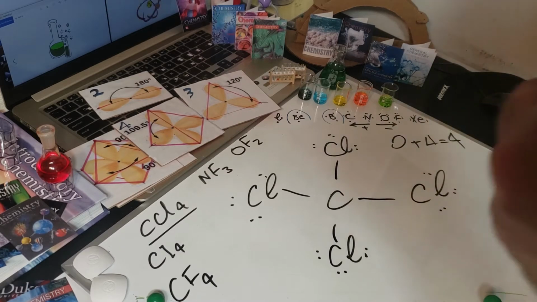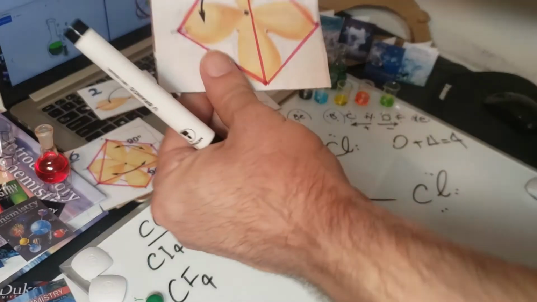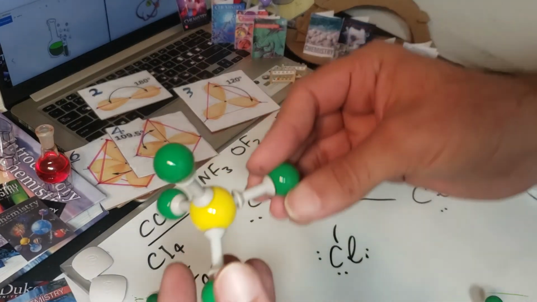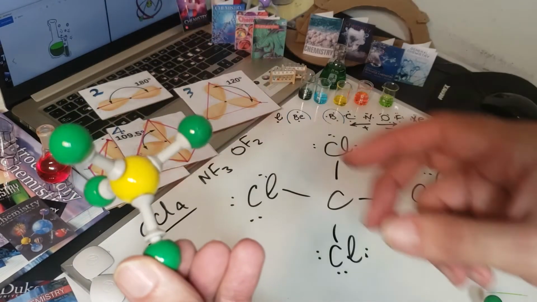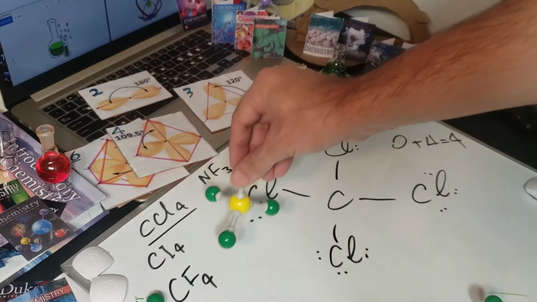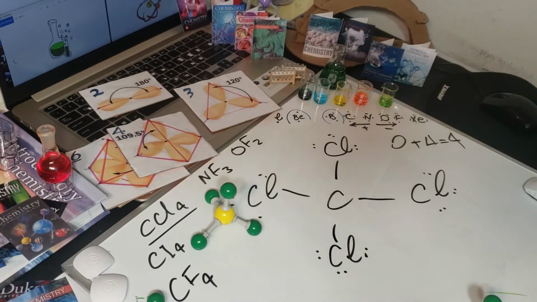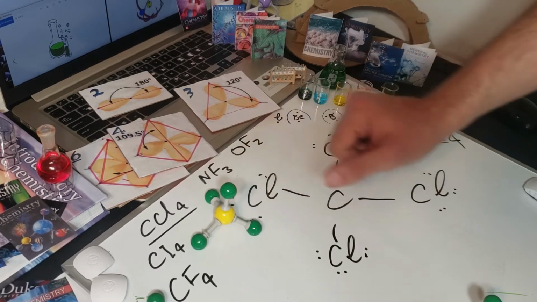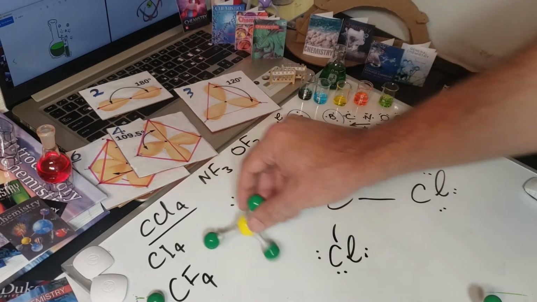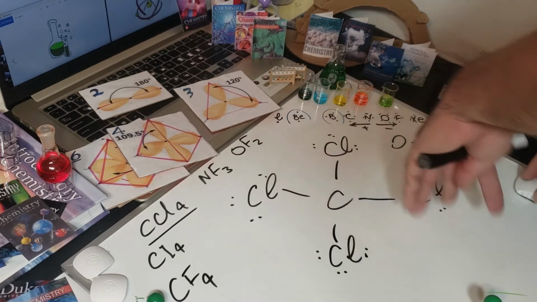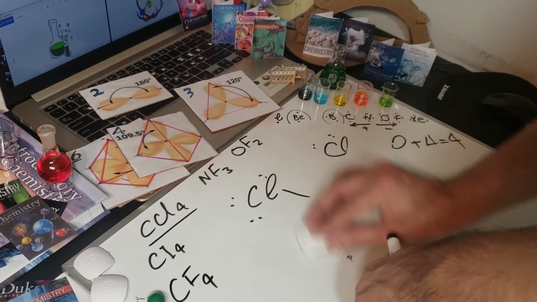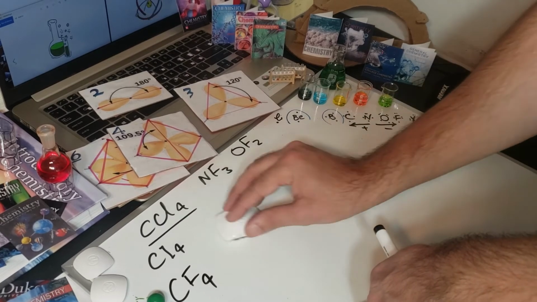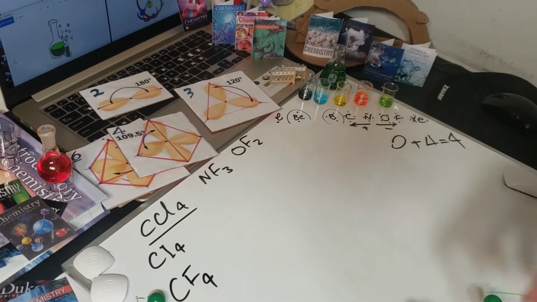That's the tetrahedral framework. A tetrahedral framework with 0 lone pairs would give you a tetrahedral geometry. CCl4 would look exactly like this. We don't need to redraw the Lewis structure because that is exactly the same as NH4 plus that we discussed. Also the exact same shape as CH4, the methane that we discussed the very first session.